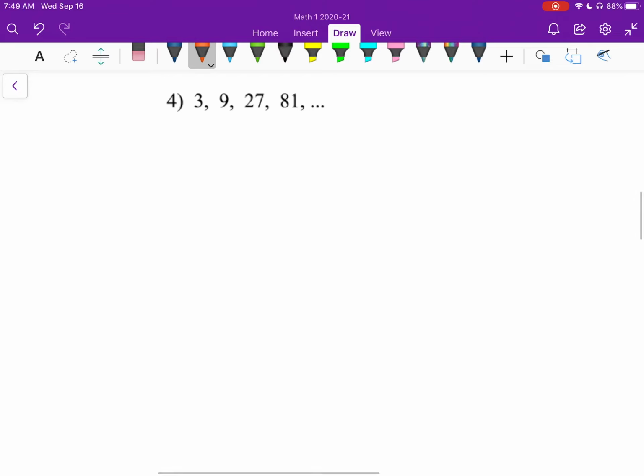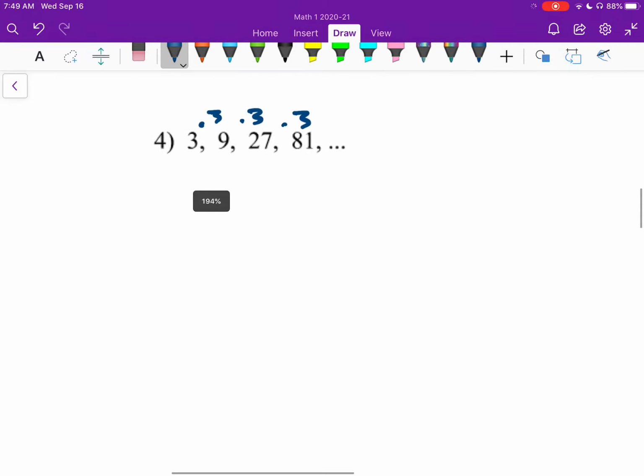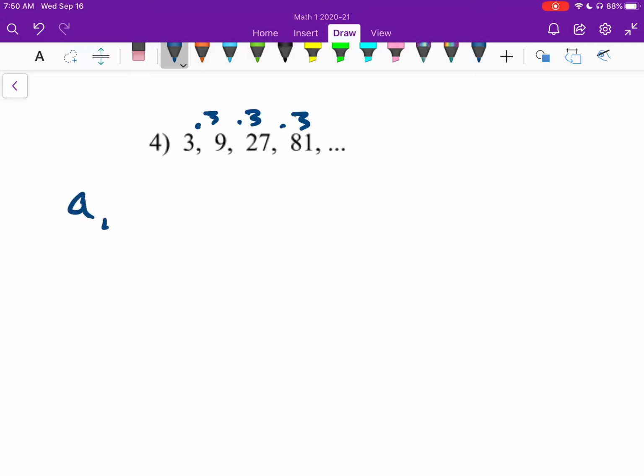Number 4, well, from 3 to 9, I multiply by 3, another 3, and another 3. Right? The more you look at these, the faster you'll be able to find that pattern. Now let's write down what we need to write our answer. A1 is 3, R is also 3.